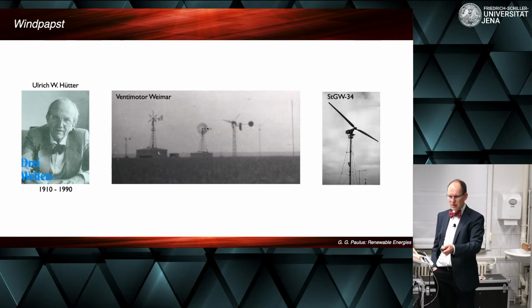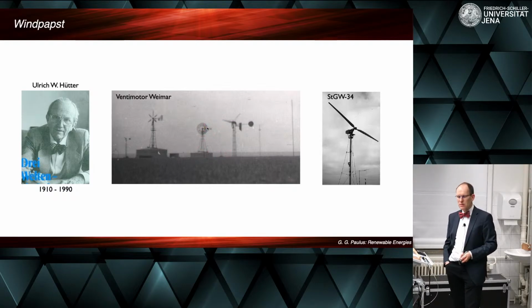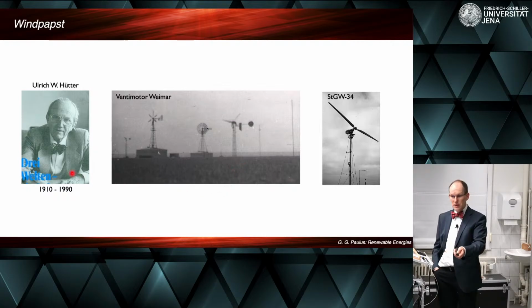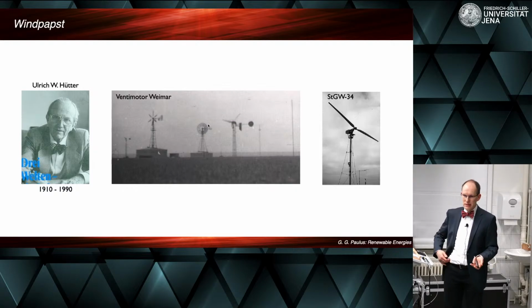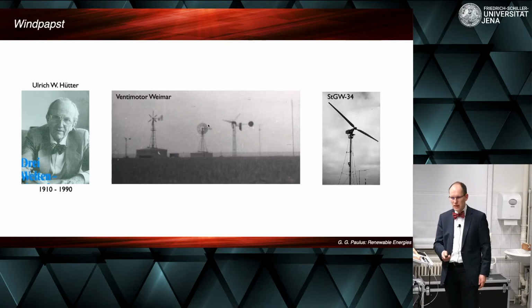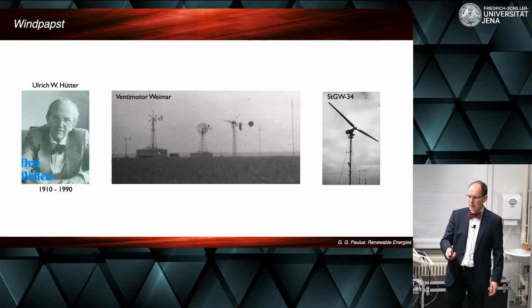But on our little farm in Franconia, there was such a windmill. It was used for water pumping. Hütter was the person to build this, and he was also a member of the Nazi party, probably just for career purposes. It's not known that he committed any crimes.